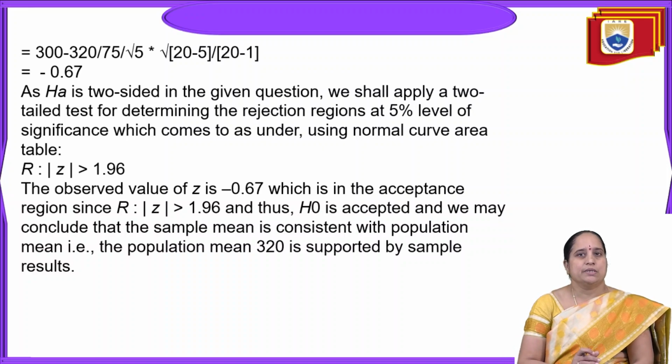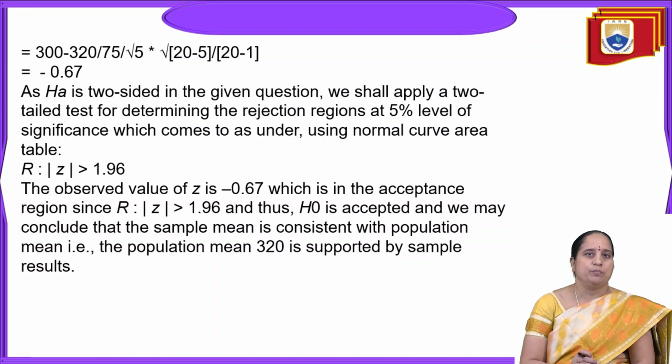As HA is two-sided in the given question, we shall apply a two-tailed test for determining the rejection regions at 5% level of significance, using the normal curve area table. The observed value of Z is minus 0.67, which is in the acceptance region, since it is within the critical value of plus or minus 1.96, and thus H0 is accepted.